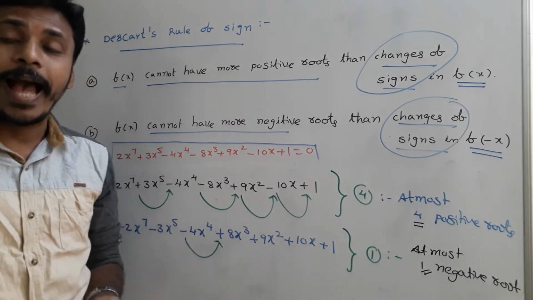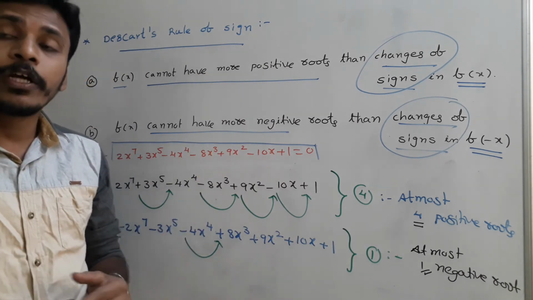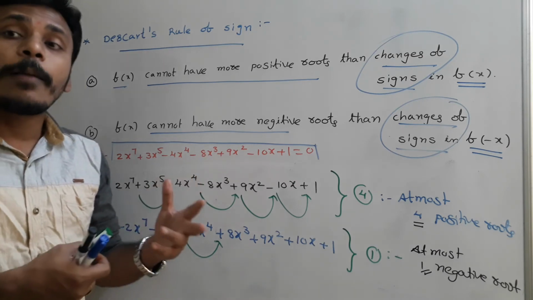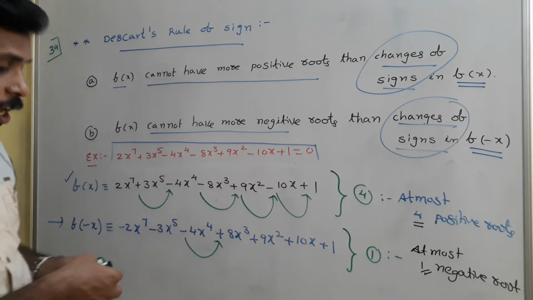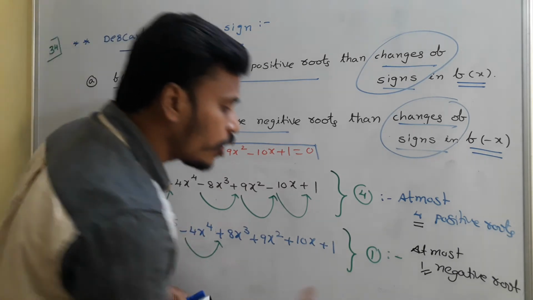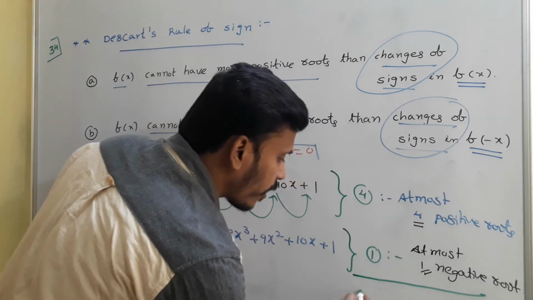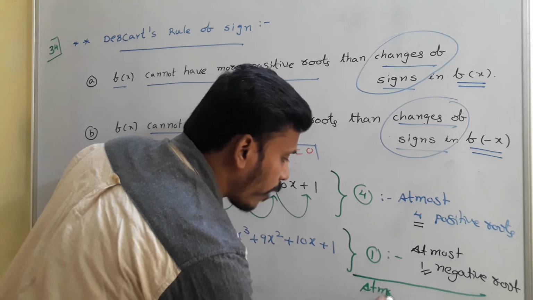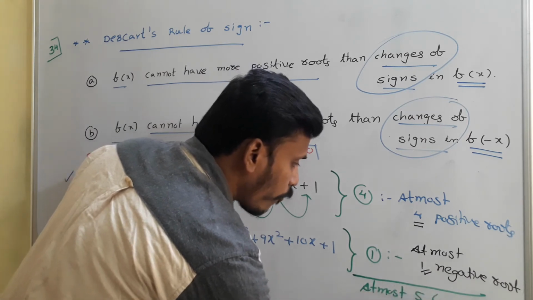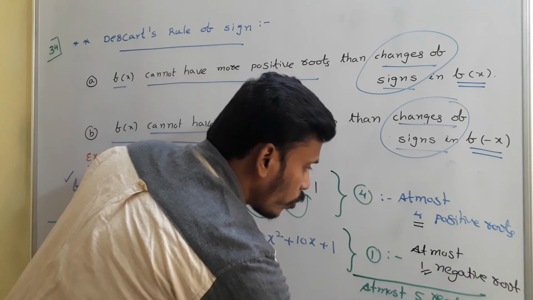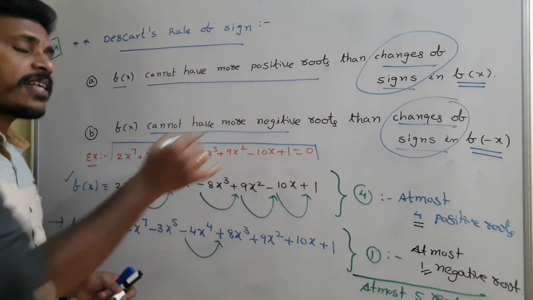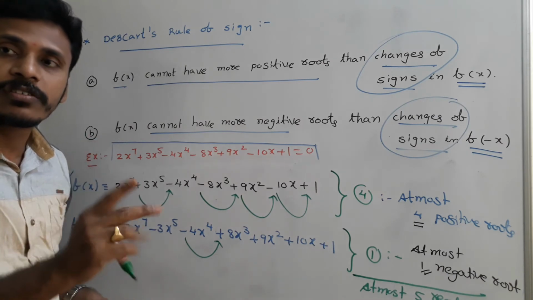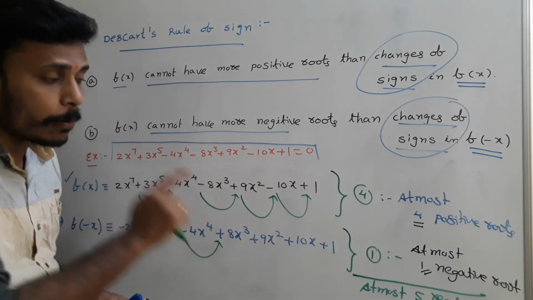Positive or negative happens only in real numbers, okay? So this polynomial equation has at most 5 real roots. By combining these two, we conclude that the polynomial equation has at most 5 real roots. The statement that this polynomial equation has 6 real roots is wrong because the maximum number is 5.